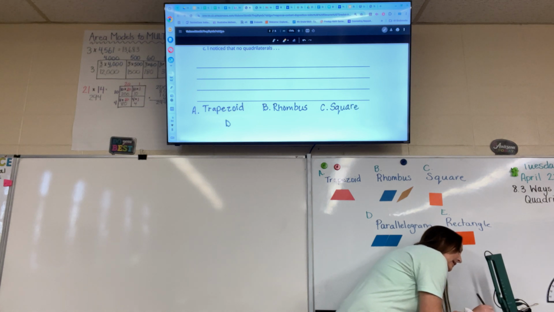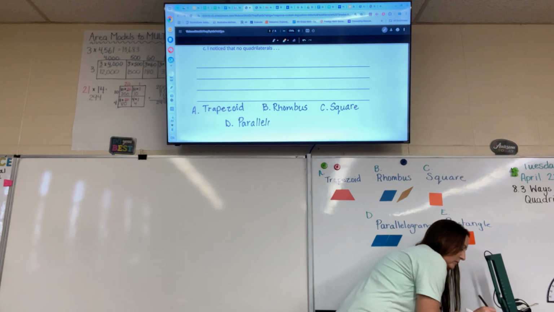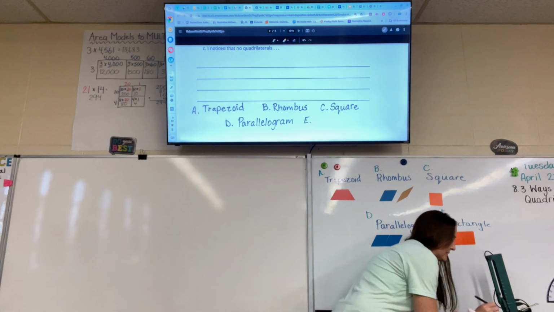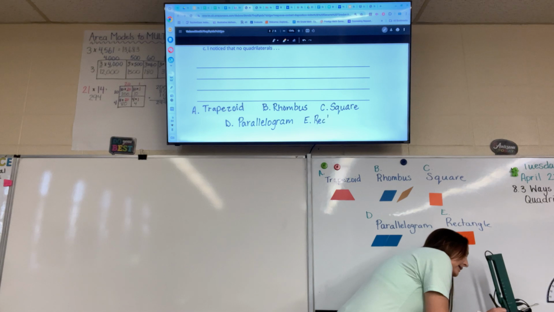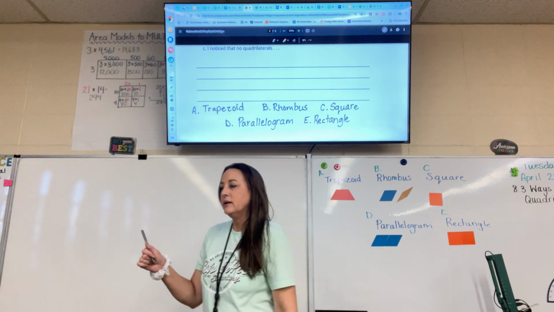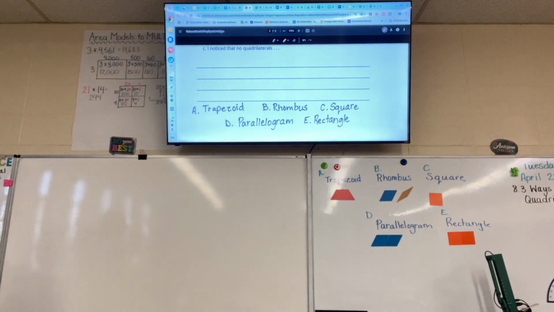D is a parallelogram. And E is a rectangle. So if we get that key at the bottom, then we don't have to write the entire word up at the top. Look at your book when you're writing. You can't be neat if you're looking at the TV.